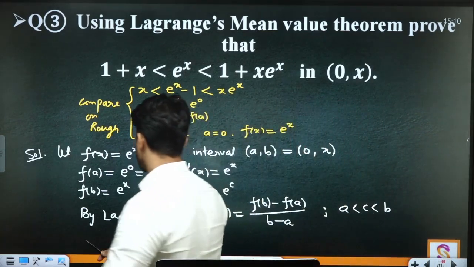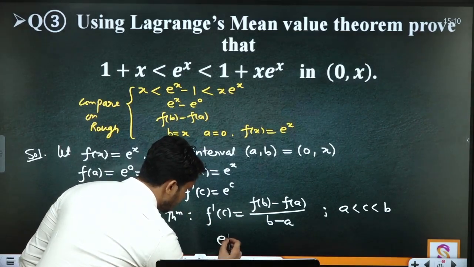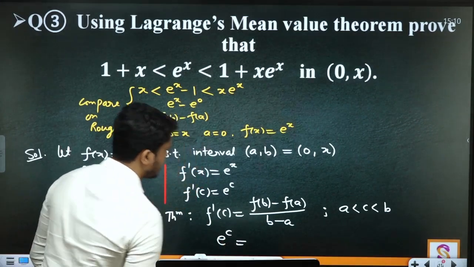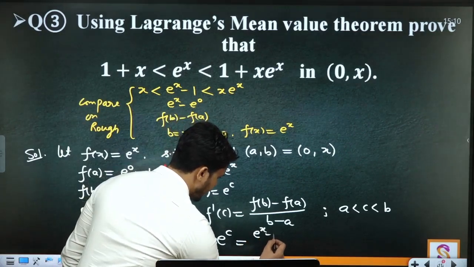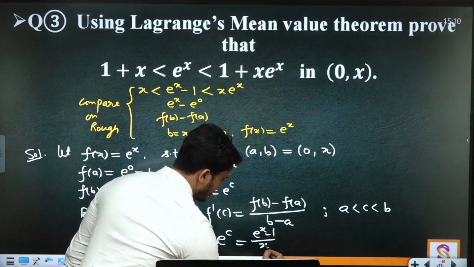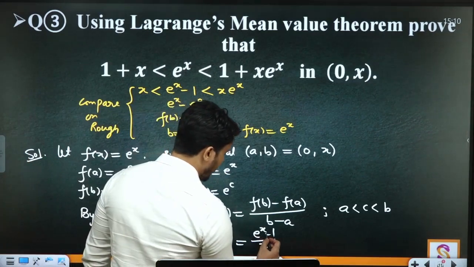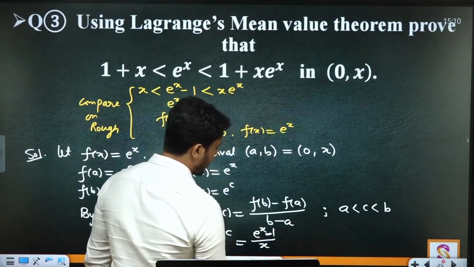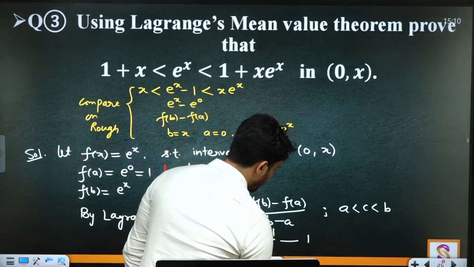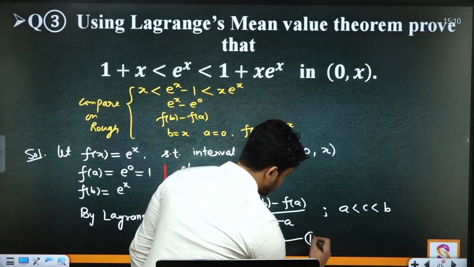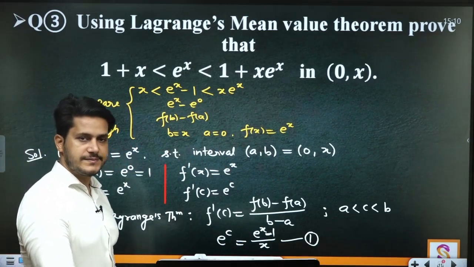Now put the values of fa, fb and f dash c here. So you can see e^c equal to (e^x minus 1) upon x, because x minus 0 is x. Name it as equation number 1.